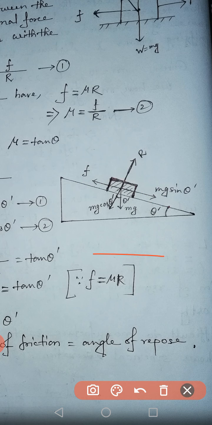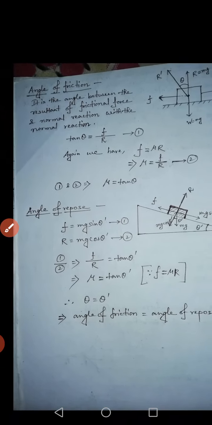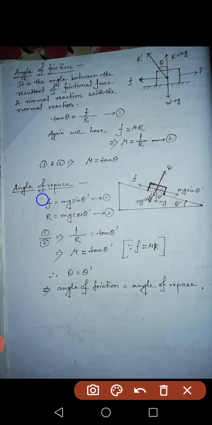Here I have written these two equations. If you divide the second by the first, F by R, mg gets cancelled, and sin theta dash by cos theta dash gives us tan theta dash. Again from F equals mu R, we can say that F by R is equal to mu.